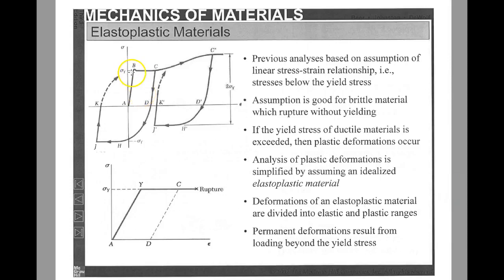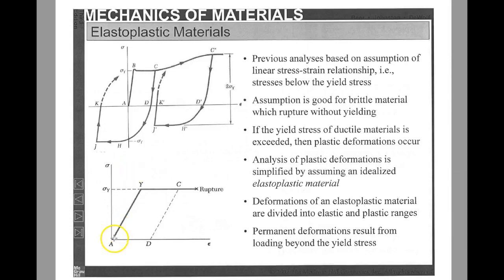But as we've discussed before, different materials behave differently after they reach B, after they yield or reach an ultimate or rupture, depending on the nature of the material. But a theoretical type of analysis that is sometimes used in the analysis of plastic deformations is this idealized material, which is called elastoplastic.